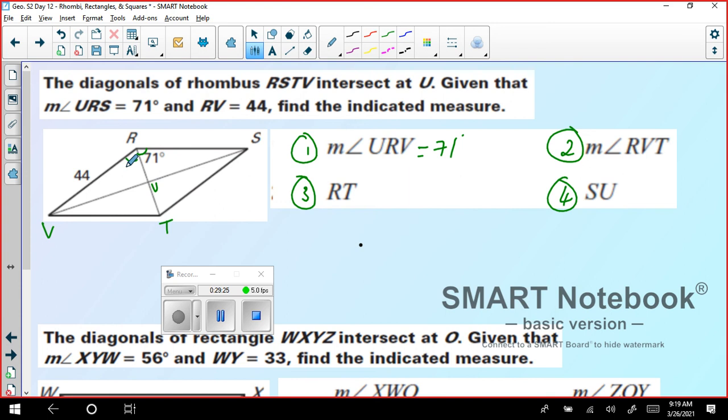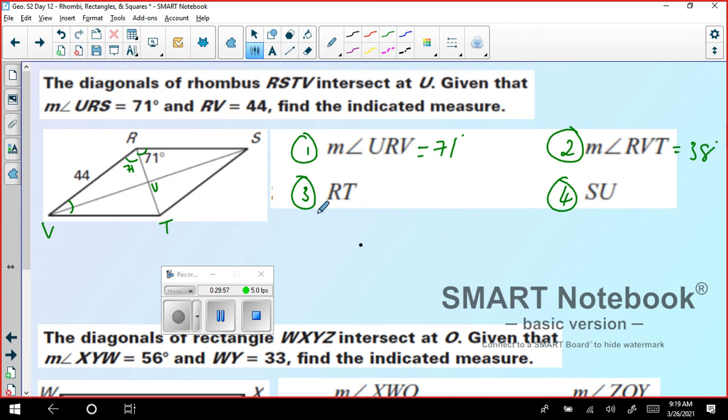RVT is the adjacent angle to this whole V. V is adjacent to this R. R is 71 plus 71, which is 142. And this is adjacent, so adjacent angles add up to 180, so you can do 180 minus 142, which gives us RVT as 38 degrees.